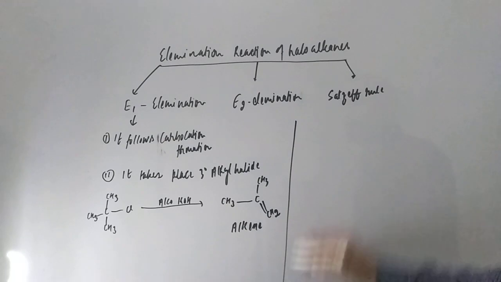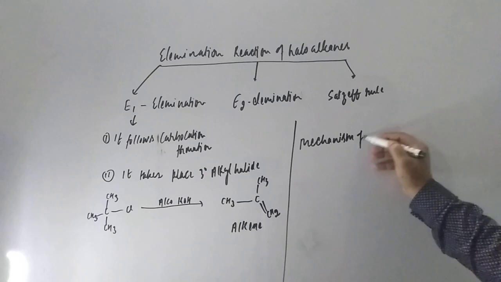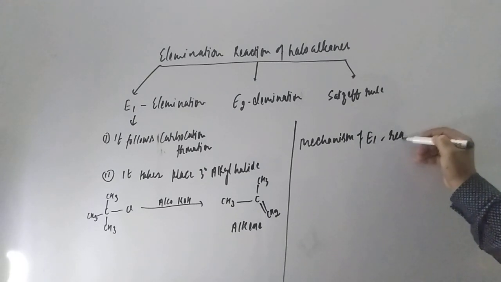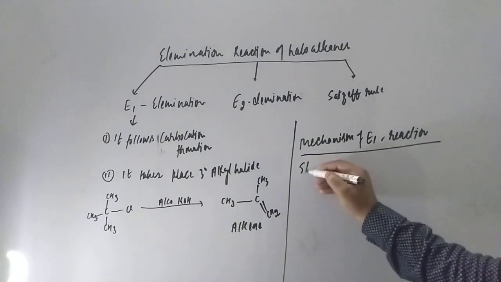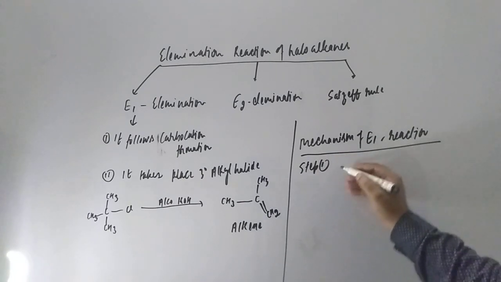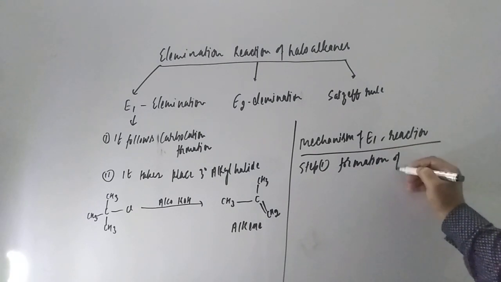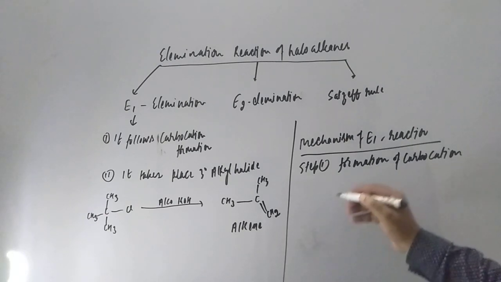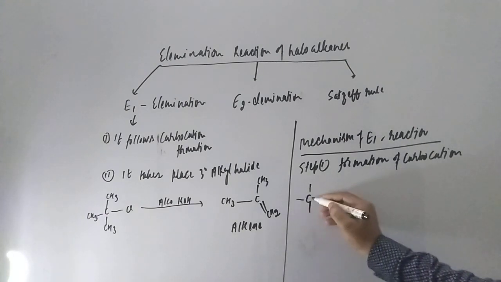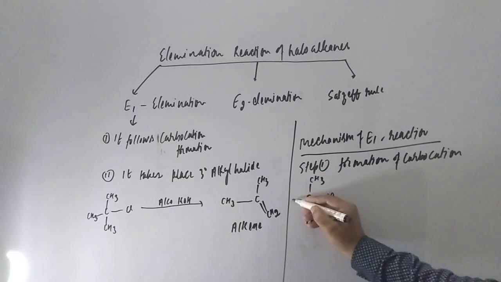Now students, we have to understand how the reaction takes place. So let us try to understand the mechanism of the E1 reaction. It involves two steps. Step number 1 is the formation of carbocation. Here Cl is there and the CH3 groups as usual, a 3-degree alkyl halide.